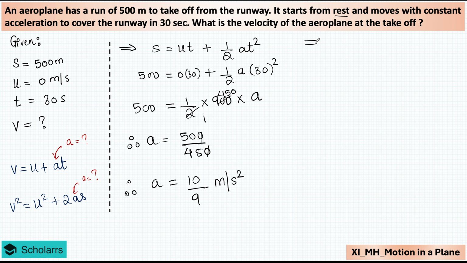So let's see. Final velocity is u plus at. So u is 0 over here plus acceleration is 10 by 9 multiplied by what? 30. Okay.